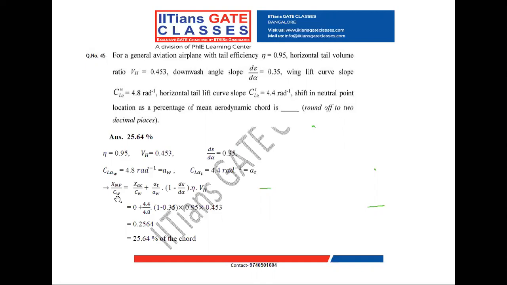So x NP by chord of the wing equals XAC divided by chord of the wing plus lift curve slope of the tail divided by lift curve slope of the wing into 1 minus d epsilon by d alpha into eta into VH, the tail volume coefficient. Since we know all the data, we can substitute and obtain the neutral point location.